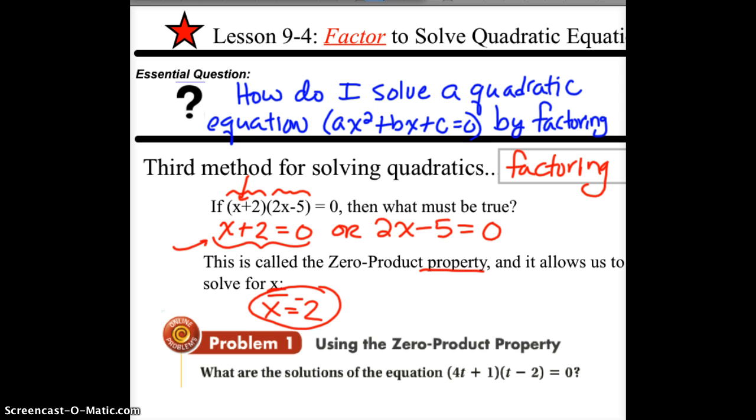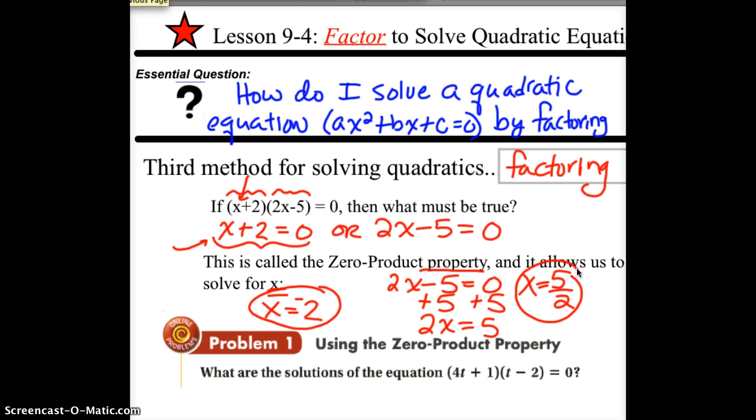On this side, when I've got 2x minus 5 is equal to 0, I just figure out what makes it equal to 0. I do the opposite, which is to add 5. And then the opposite of multiplying by 2 would be to divide by 2. So I'm going to get x is equal to 5 halves.